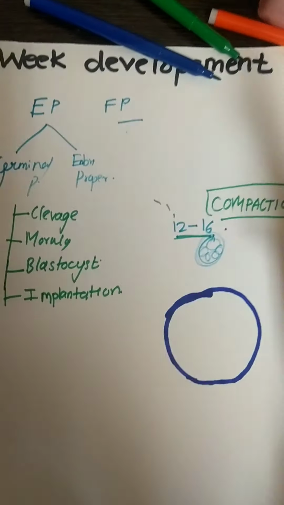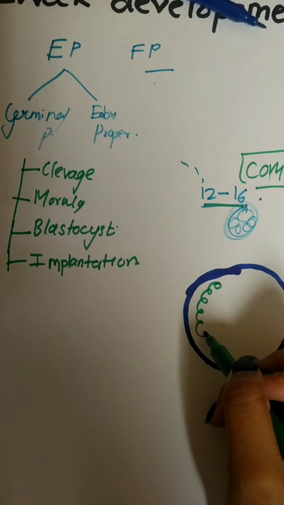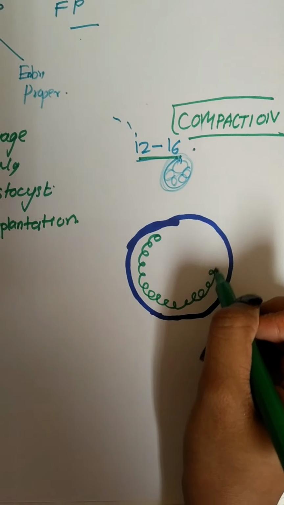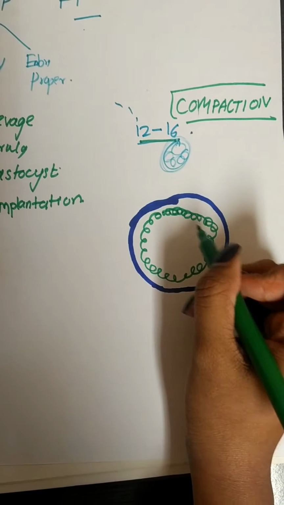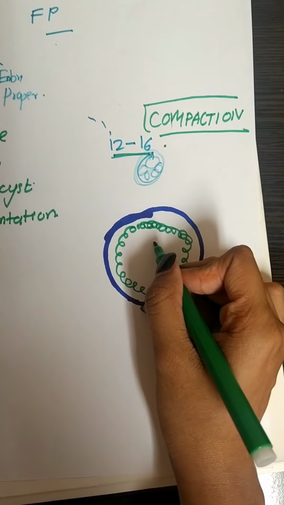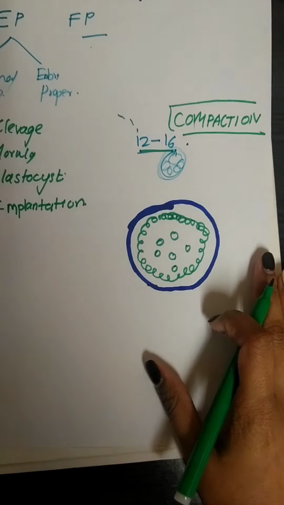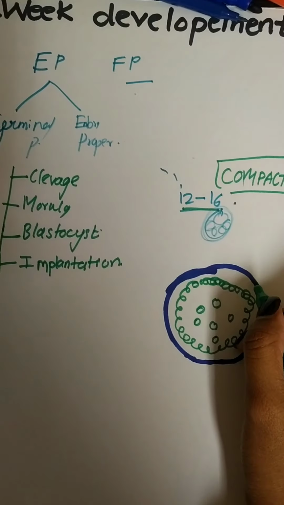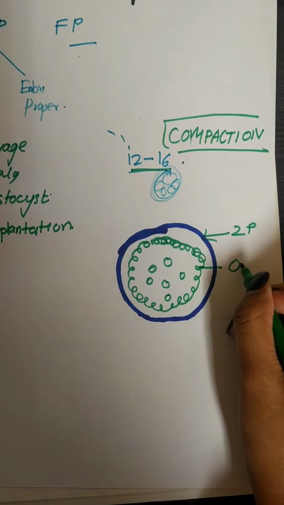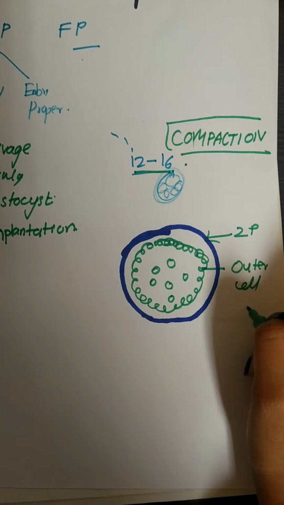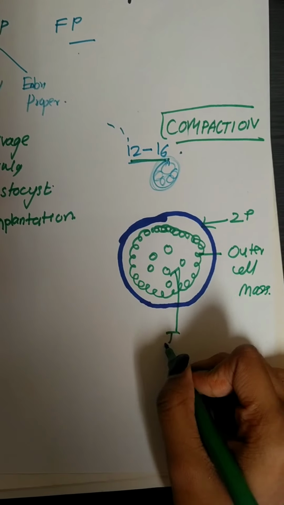Inside the zona pellucida there is an outer layer of cells, and inside it there are loosely packed cells. This is the zona pellucida, this is the outer cell mass, and the loosely packed one is called the inner cell mass.